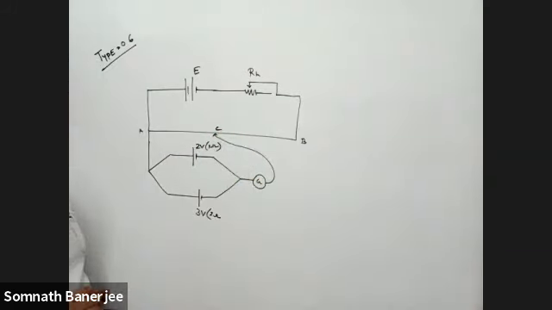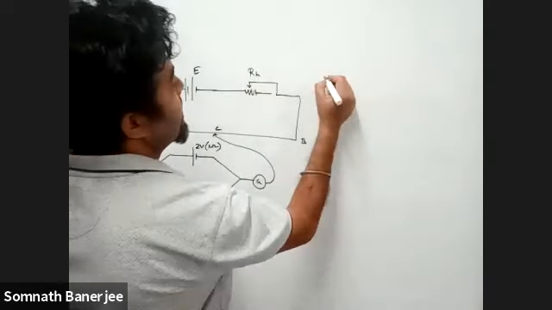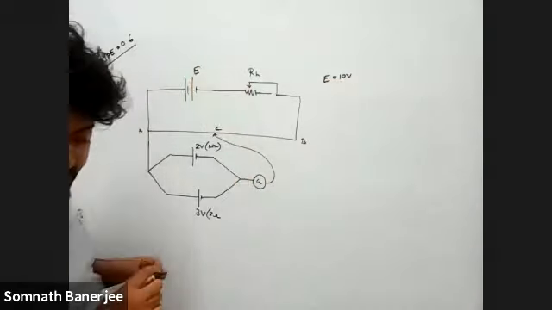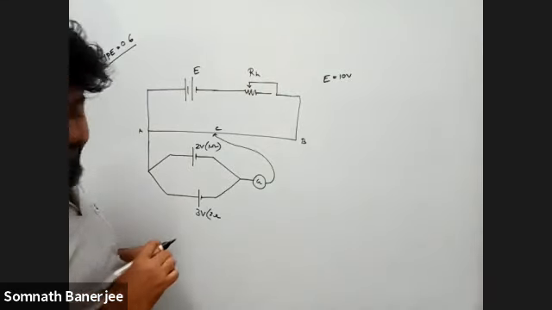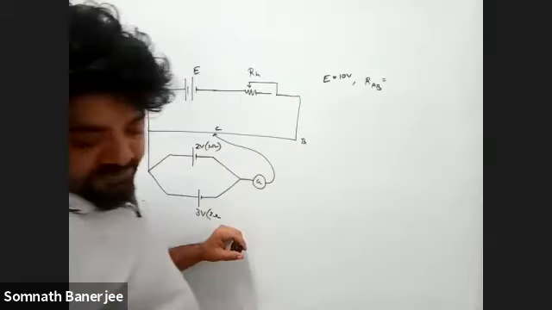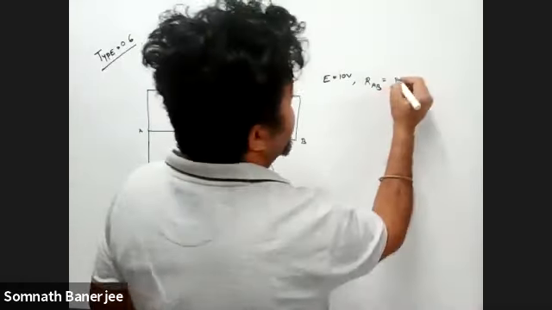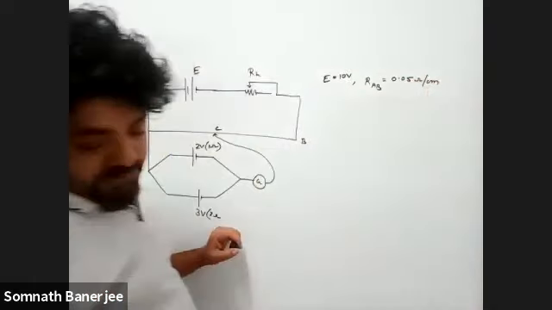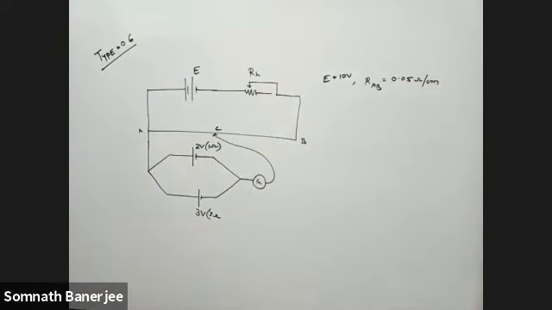Some information is given, like they give you the input EMF 10 volt, which is this one, and then they give you the resistance of the wire AB. Suppose it is given in the form of 0.05 ohm per centimeter.